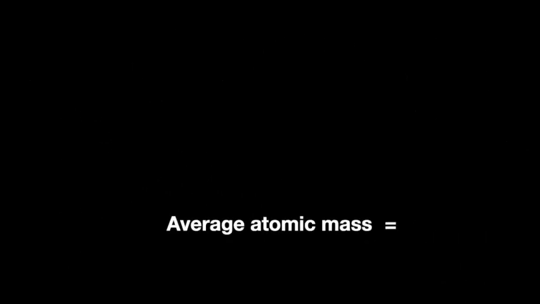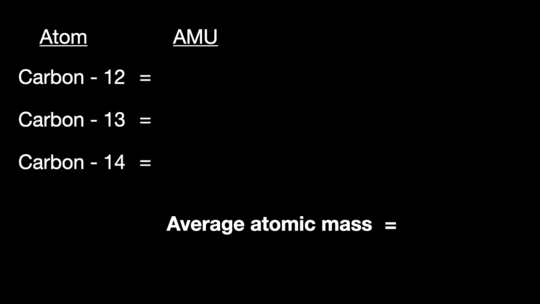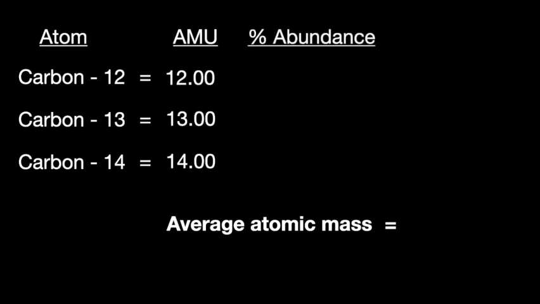Now, to calculate the average atomic mass of carbon, we calculate the average atomic mass from the 3 types of carbon. But since they don't naturally exist in equal amounts, we calculate the average based on the abundance of each type of carbon atom. In this case, carbon-12 makes up 98.9% of all carbon.